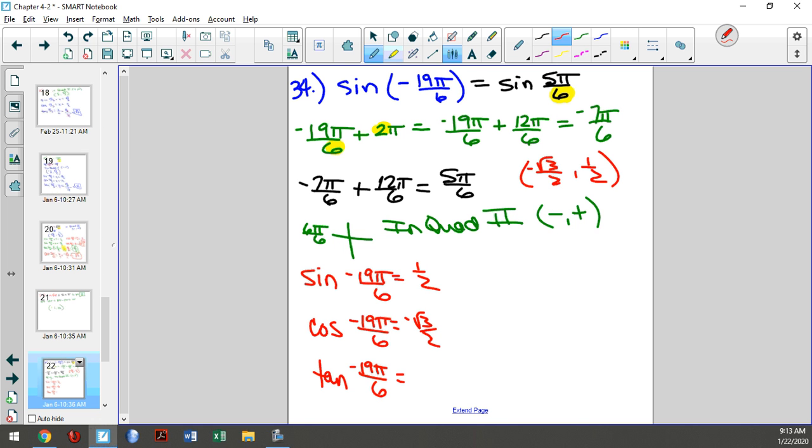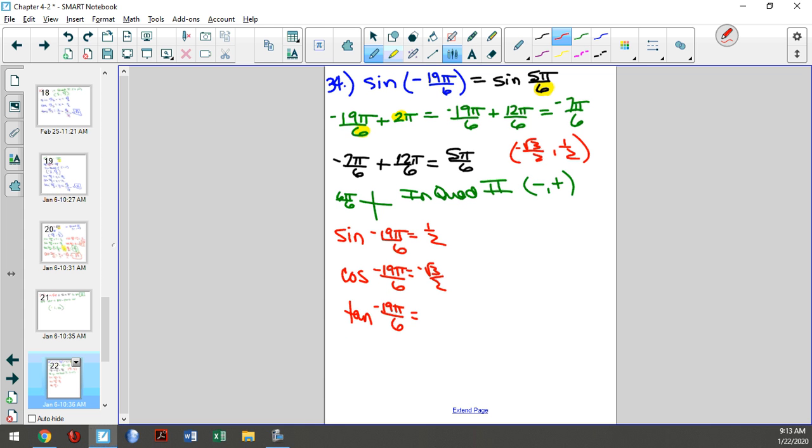Negative square root of 3 over 2. So what is the tangent then? Tangent is 1/2 divided by -square root of 3 over 2. Those cancel out to give you 1 over negative square root of 3. Do I like that? No, that is going to give you negative square root of 3 over 3. Yes?